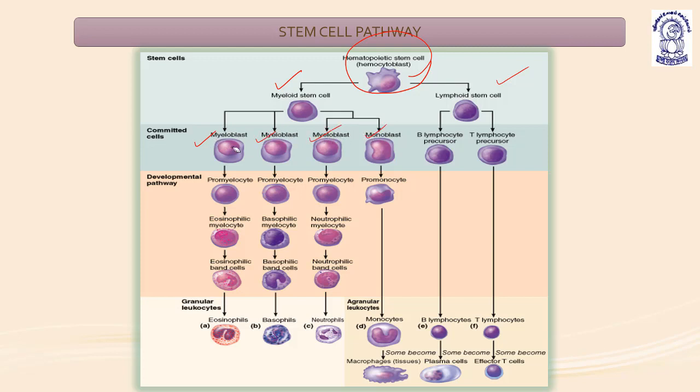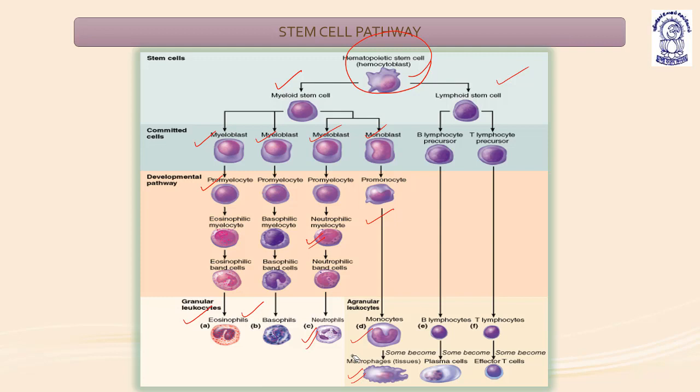These myeloblasts further form promyelocytes, which form eosinophil and basophil myelocytes, which further form eosinophils and basophils respectively. Understood? The myeloblast also forms the neutrophil myelocyte, which forms the neutrophils. Monoblast forms promonocyte, then monocyte, and monocytes, when they enter the tissue, form macrophages. Understood? So, the monocyte macrophage system.